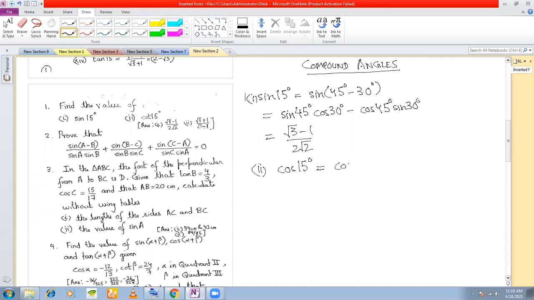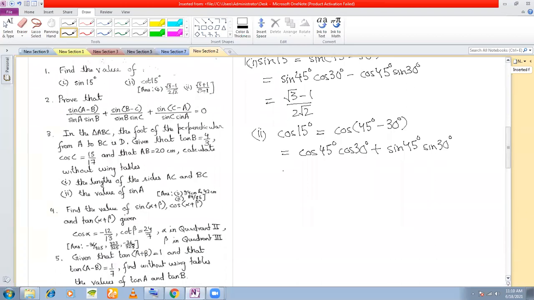Cos 15 is, in exactly similar manner, cos of 45 degree minus 30 degree, which is equal to cos A cos B plus sine A sine B. Okay, so this will come to root 3 plus 1 by 2 root 2.